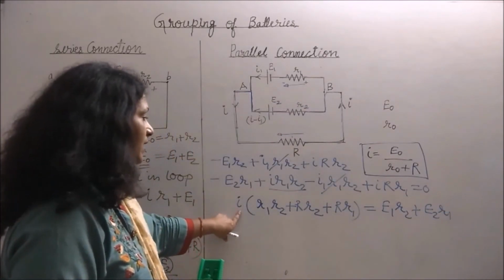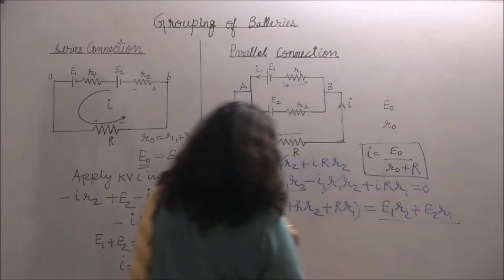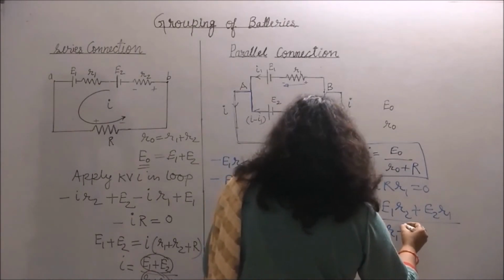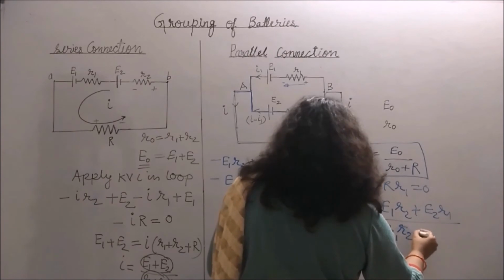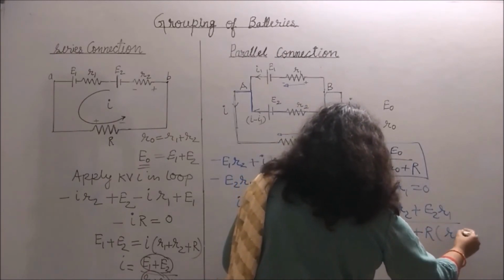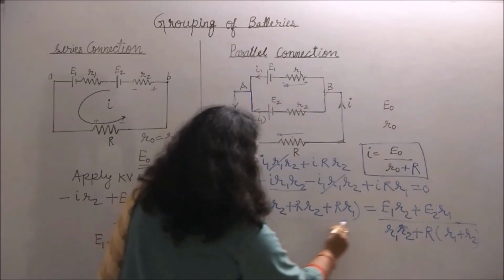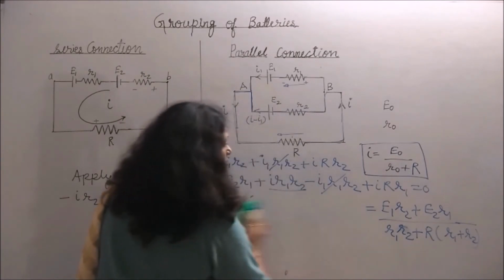So I would be equal to this much. Take this in the denominator, that is R1 R2 plus R times R1 plus R2. Here we got the value of I.